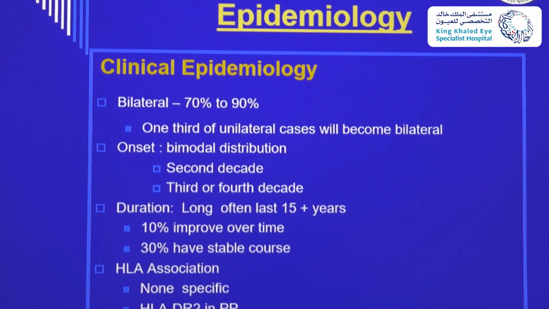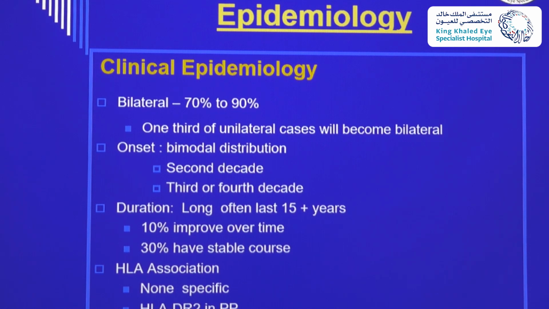The onset usually has a bimodal distribution at the second and third or fourth decades, and the duration is usually long, often lasting more than 15 years. 10% of patients improve over time, which is a good sign, and 30% of patients have a stable course. So when you compare it with more aggressive diseases like Behcet's disease or VKH with panuveitis, intermediate uveitis carries a good prognosis in certain cases.